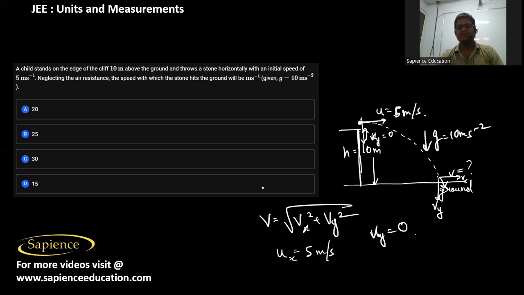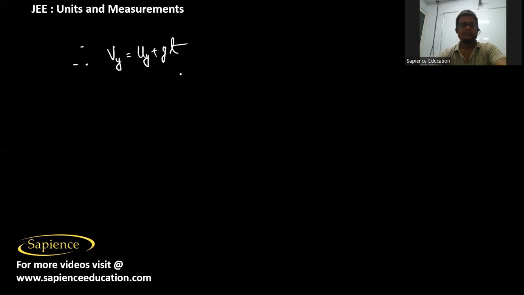We can actually solve by using conservation of energy also, but we can solve it by using the equations of motion only. Let's say t is the time of flight, then Vy will be equal to Uy plus gt, and h will be equal to half gt square.